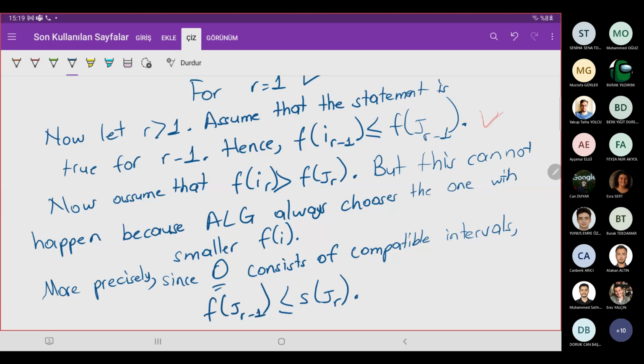Because it's compatible. The starting time of jr is always after the finishing time of the previous one. Otherwise, they would be overlapping, and the optimum solution or any feasible solution would not select this.